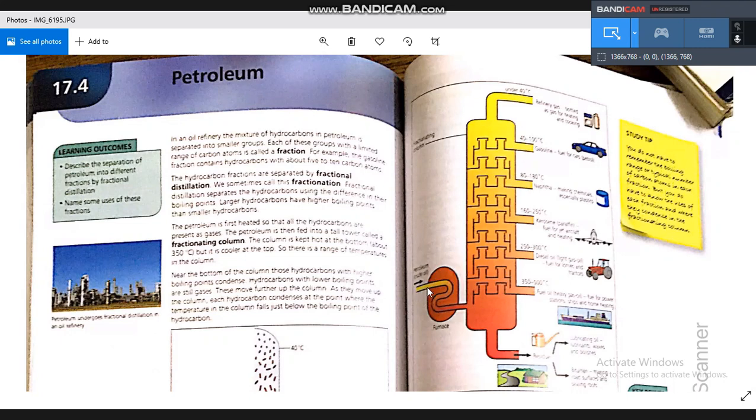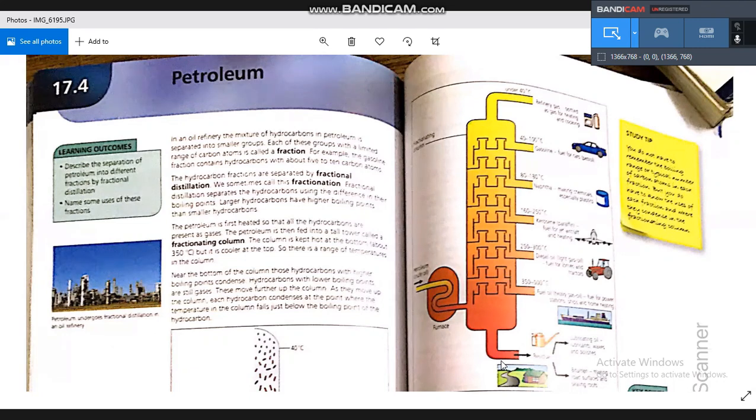Okay, so we will enter petroleum or the crude oil from this opening. Then we will make fractional distillation by heating the crude oil to 350 Celsius. Right.